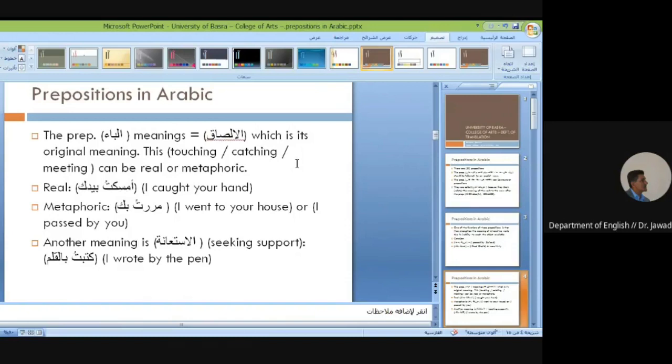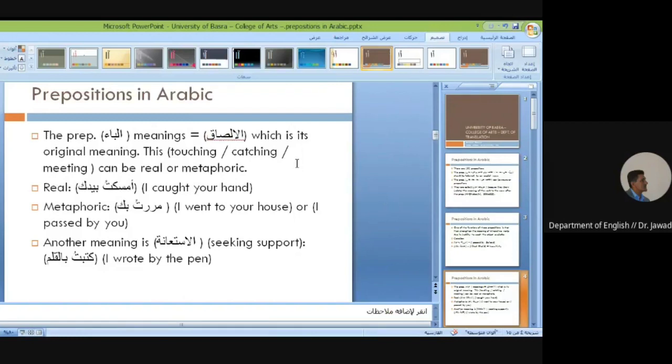Now let us have a look at an example which suggests a metaphoric meaning of touching or catching. مررت بك. We can say, I went to your house, or I passed by you. And you can guess the metaphoric sense here.